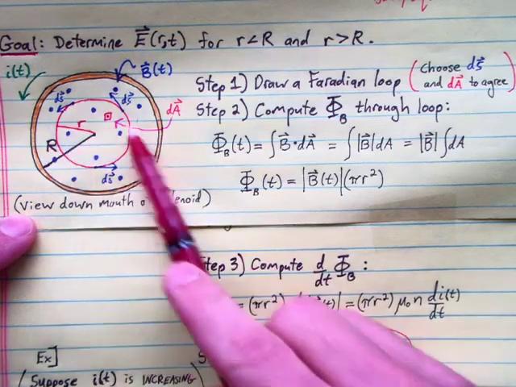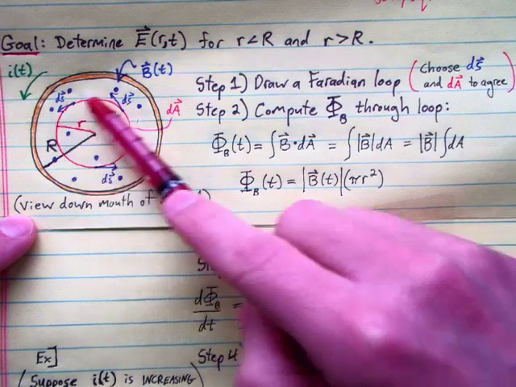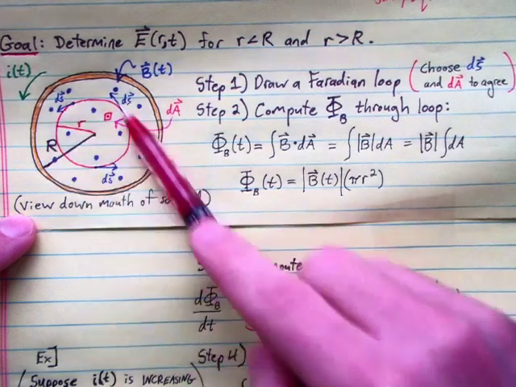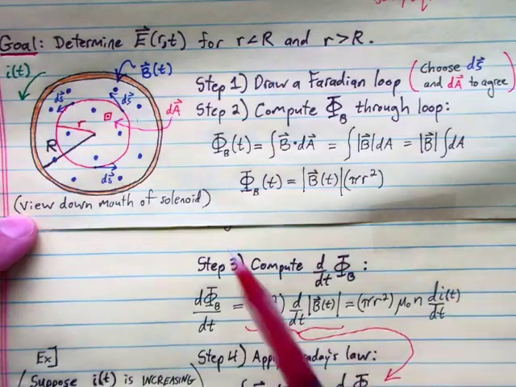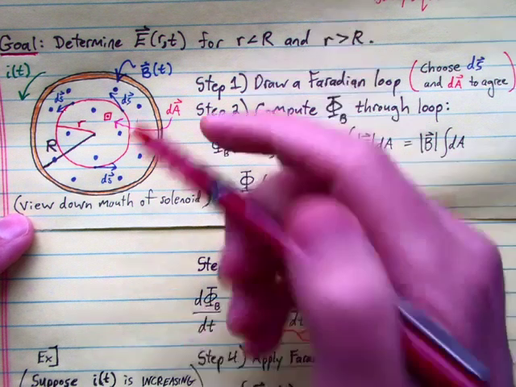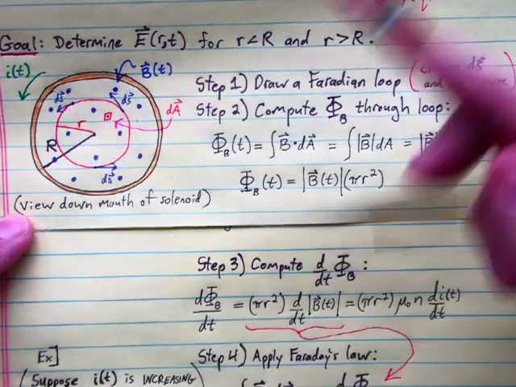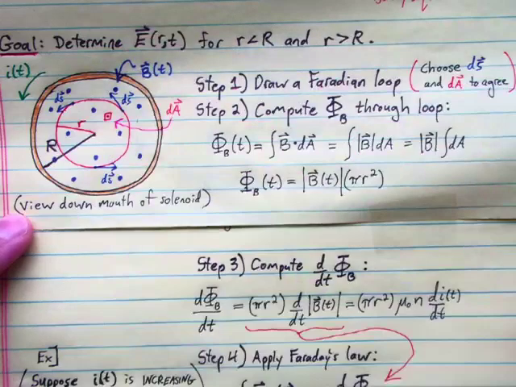Even if the space is empty here, an induced E field will appear in this space, pointing clockwise, trying to push charges, trying to oppose the change in flux. Now, we already know from Gauss's law that any E field inside here has no radial component, so it must be only tangential.